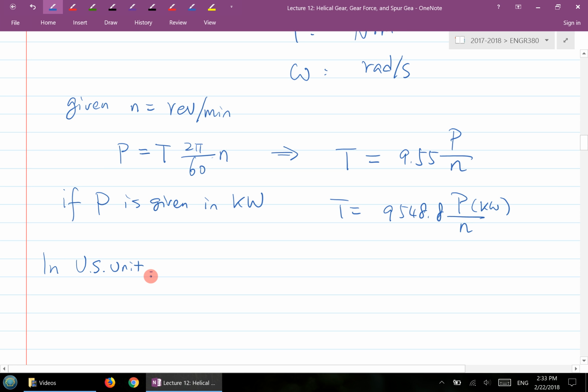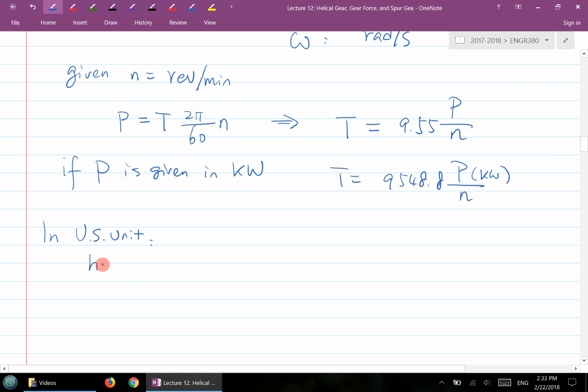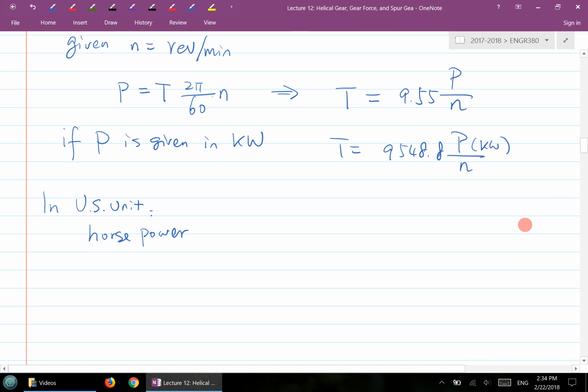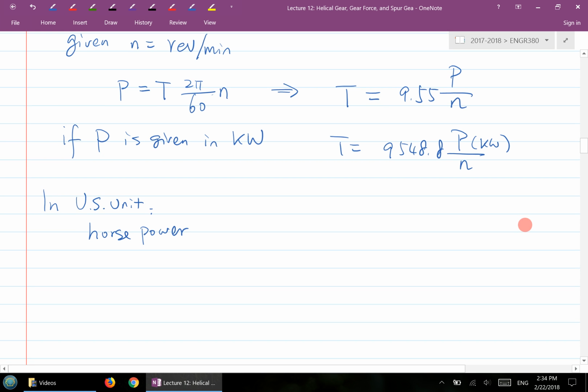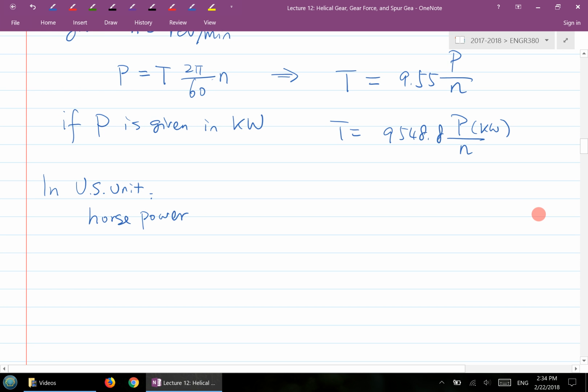Let's take a look at the US units here, the inch series. In the US, the power is often given in horsepower. Just a little background story on how horsepower was derived. This was actually proposed by Watt.